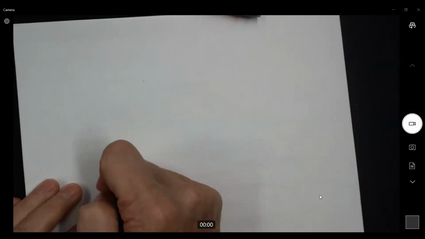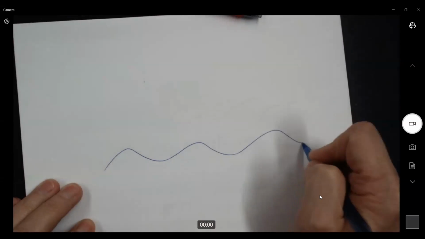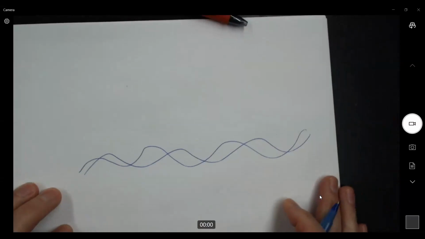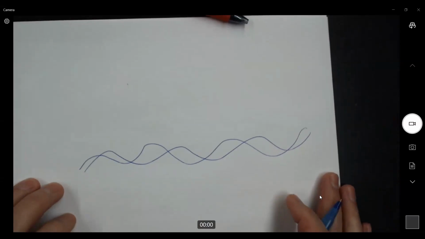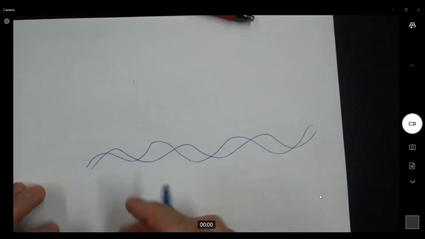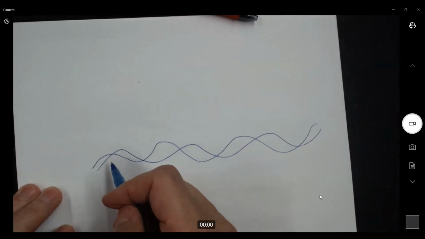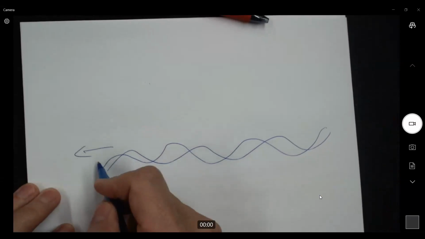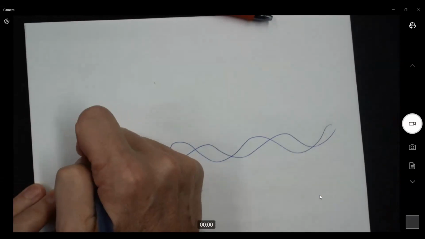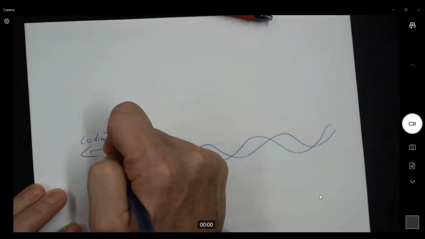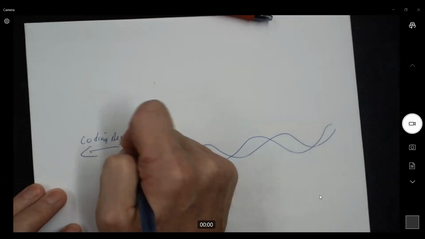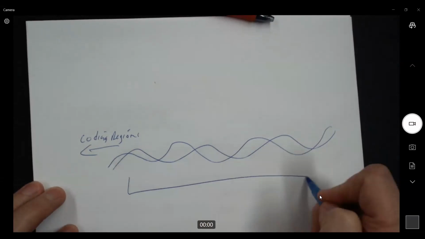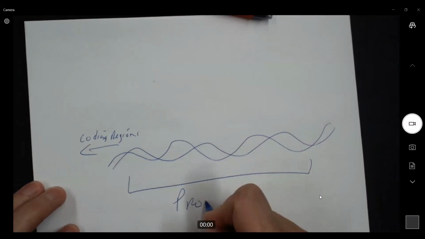So let's say you have some DNA. And you have a gene, and you want to express that gene. So the gene, the coding region is down here. And this portion here is the promoter.